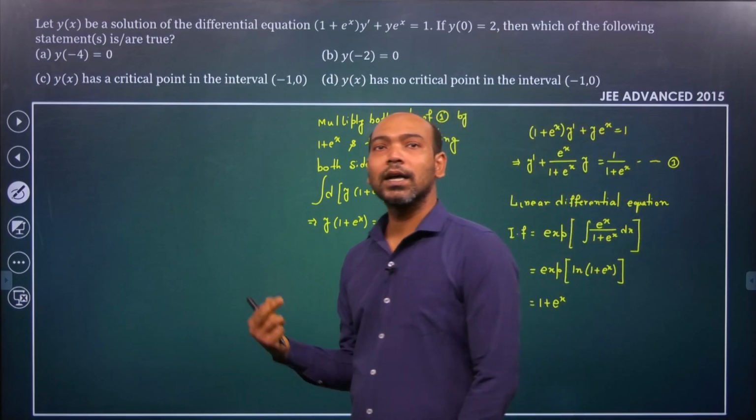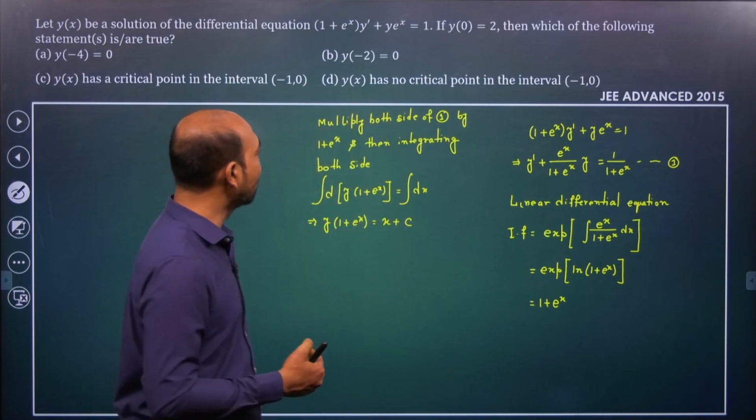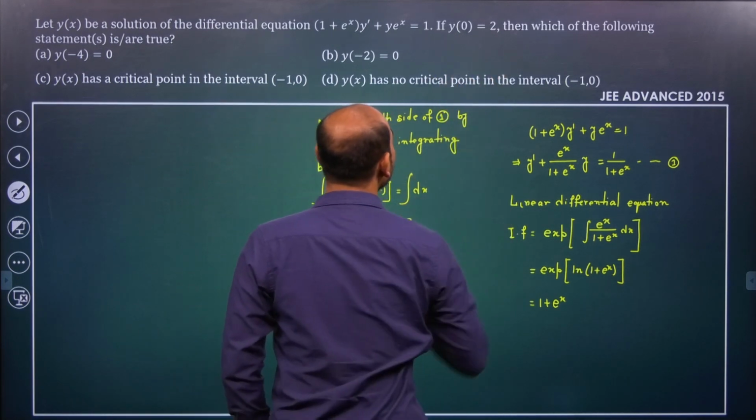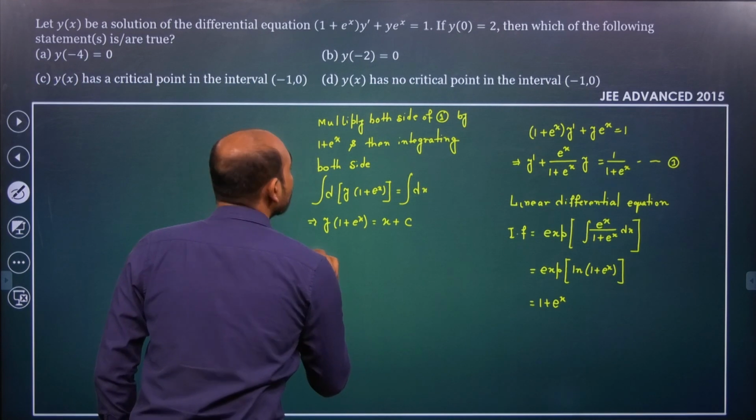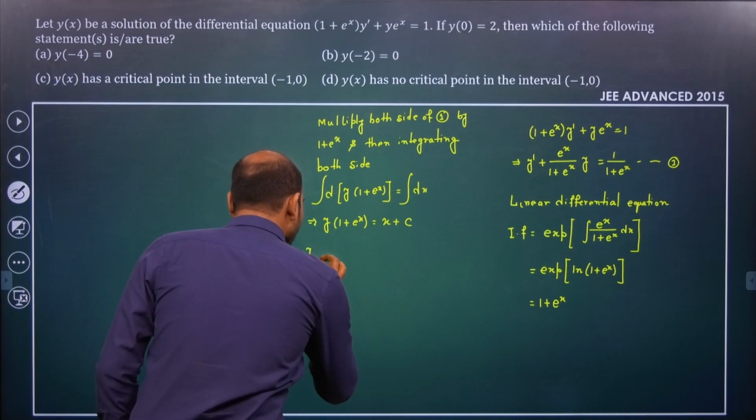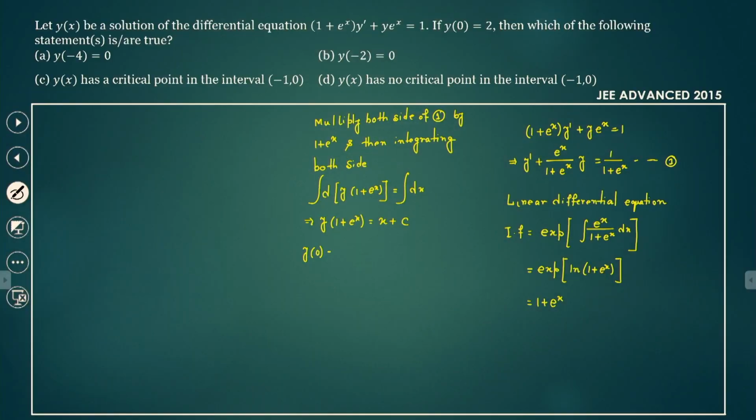Now we have to use the given condition: y(0) is equal to 2. Let's substitute that. For x equal to 0, y is equal to 2. Therefore 2 multiplied by (1 plus e to the power 0), that's 2 times 2, is equal to 0 plus c.